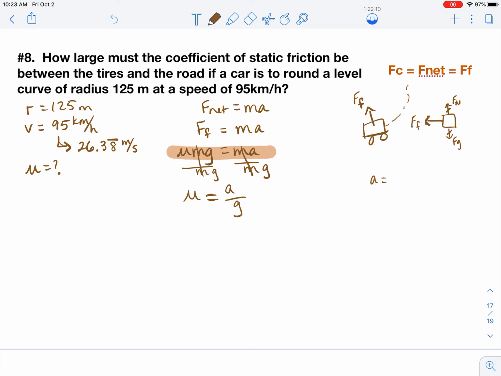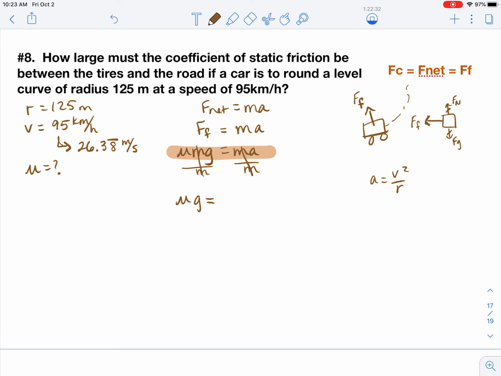So at this time, you could go off to the side and you could say A is equal to V squared over R, and you could perform the calculation to solve for your acceleration and then put it into the problem. Or what we could do is, let's go ahead and say that we canceled out our masses since we know that's going to happen either way.